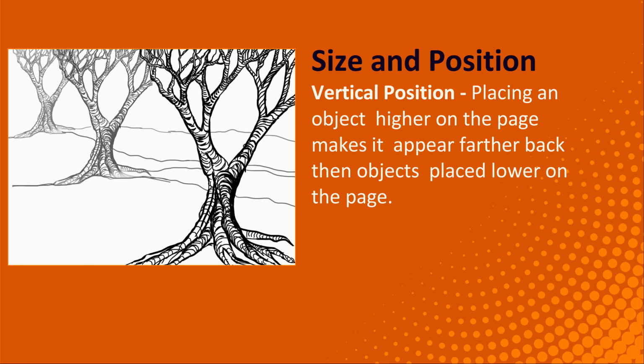Again, there are some tone and size variations that help along with it. But effectively, placing an object higher on a page can make it look further back than objects placed lower. So even if these are all the same size and same tone, the trees higher up would have a tendency, your eye would push them back visually.